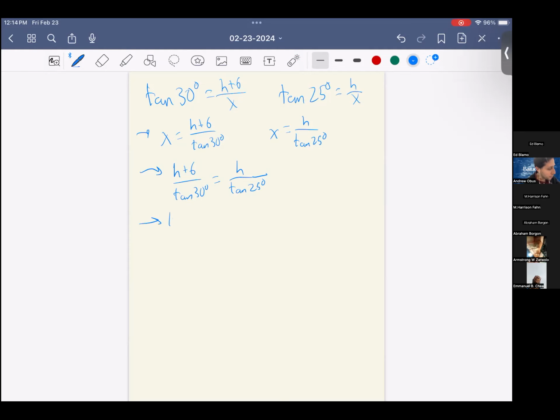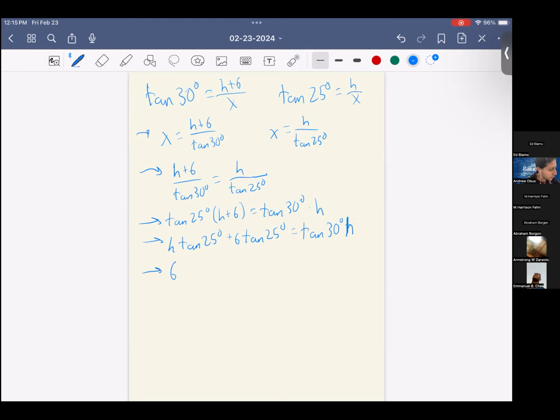Now we can cross multiply, and we get the tangent of 25 degrees times h plus 6 equals tangent of 30 degrees times h, which is the same thing as h times tangent of 25 degrees plus 6 tangent of 25 degrees equals tangent of 30 degrees times h.